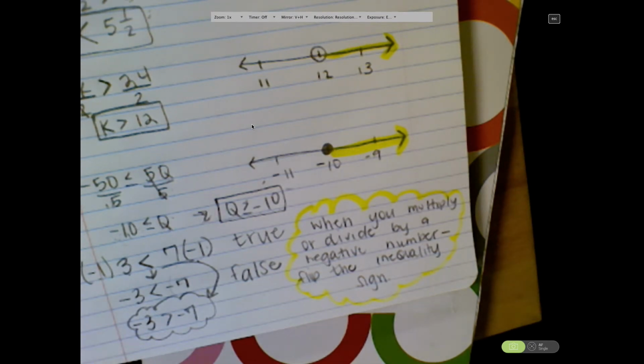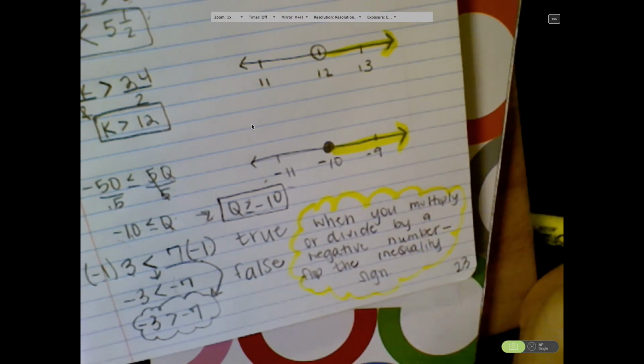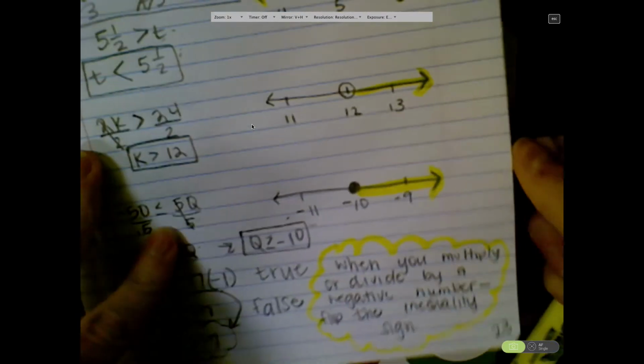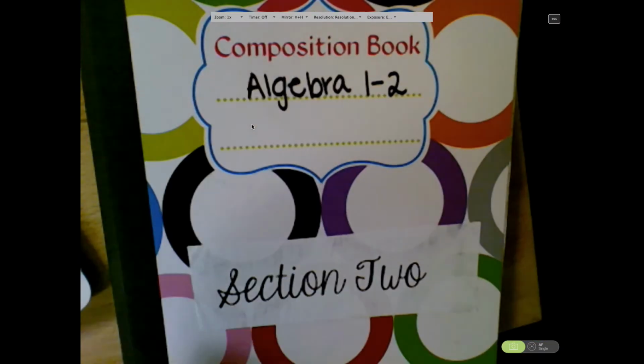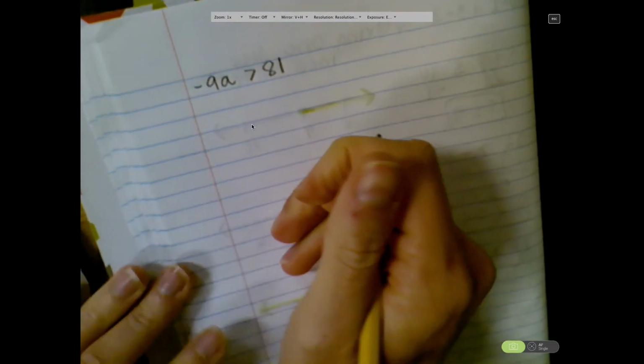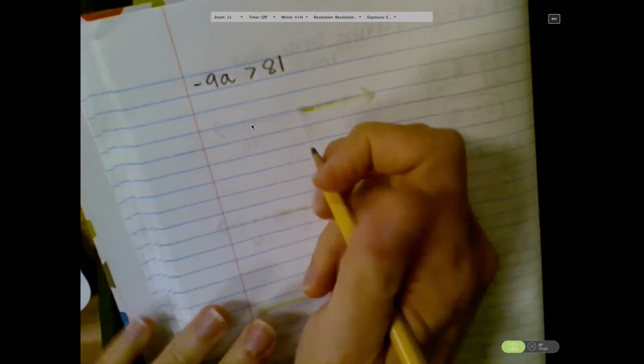So go on to the next page if you need to, and let's do this example. -9a is greater than 81. In order to solve for a, what do I need to do to both sides?